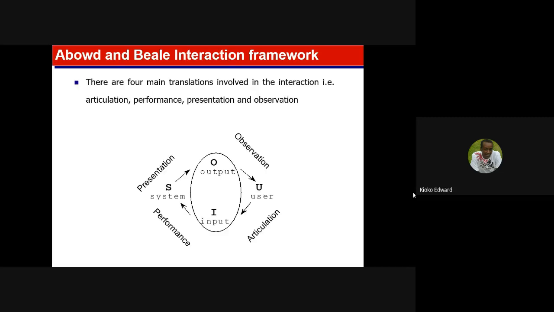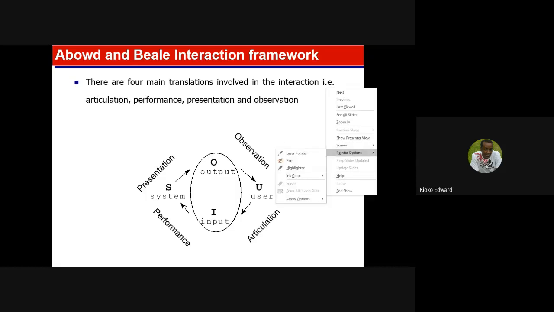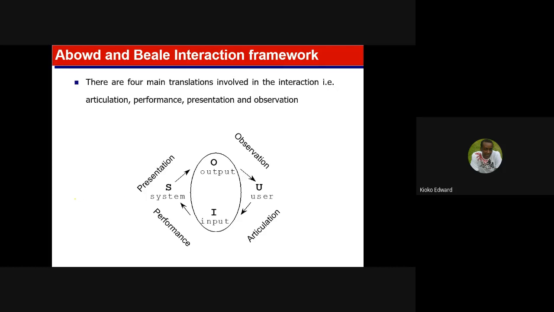So I think this is something we have already discussed. There are transitions between the user and the input: we have articulation. Between the input and the system, we have the performance. Up to that point, this is what we are calling execution.